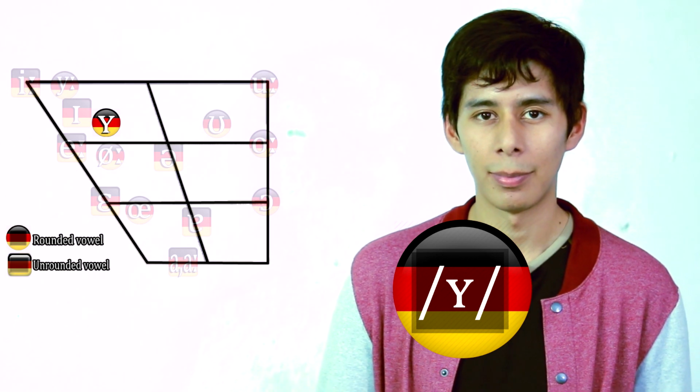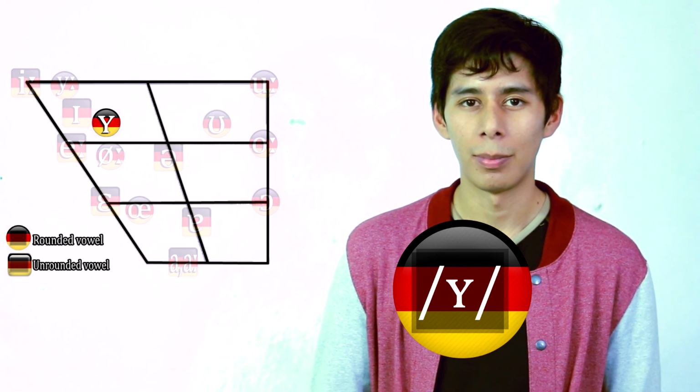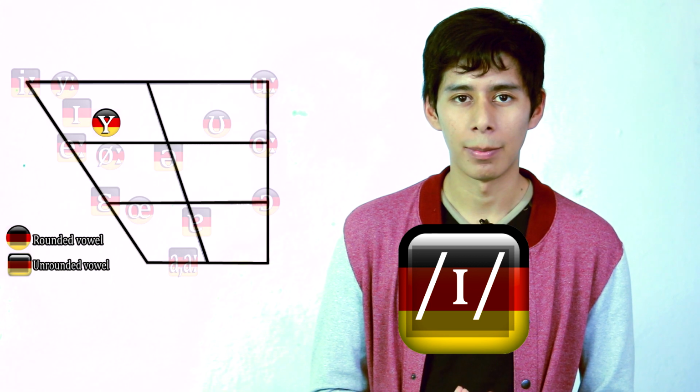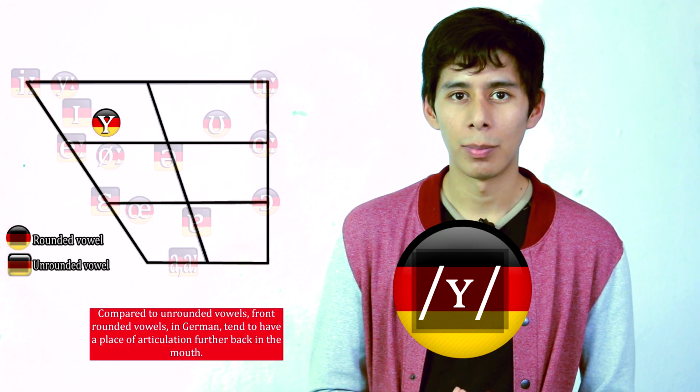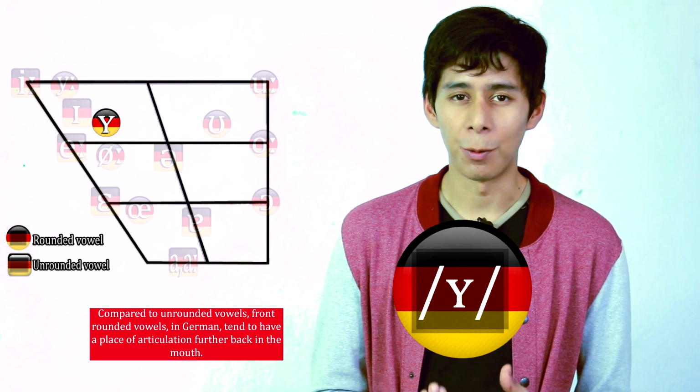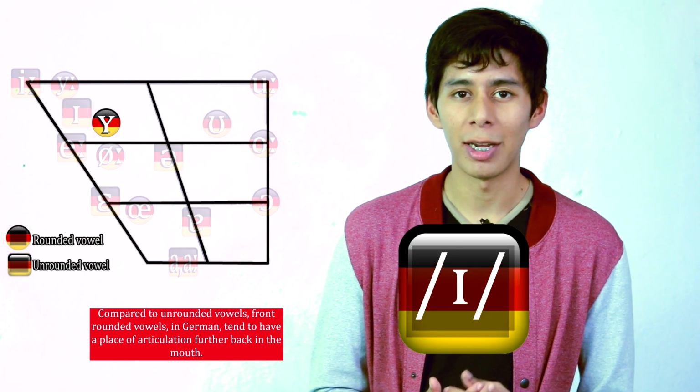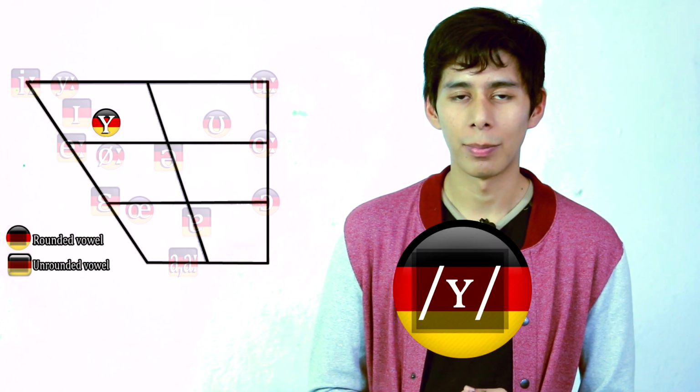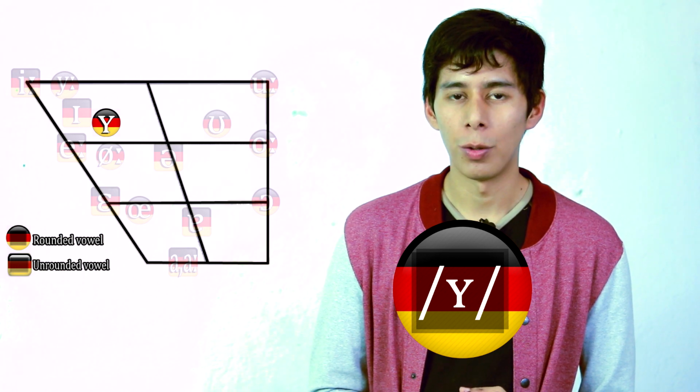The next vowel is the short ü. I know this vowel can be very difficult, but this sound is simply the rounded version of the short i. Then we only need to round the lips when we pronounce the short i.